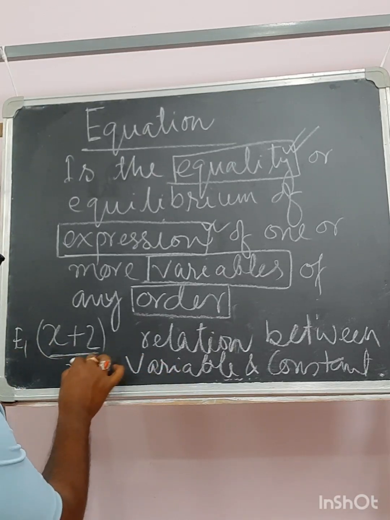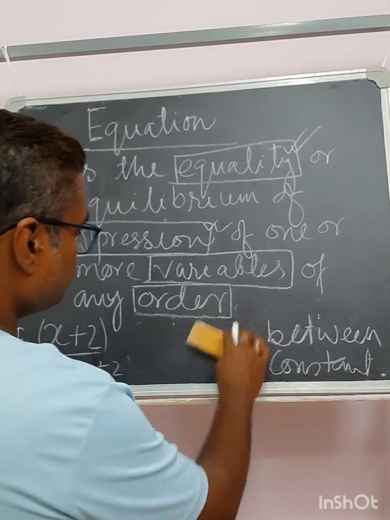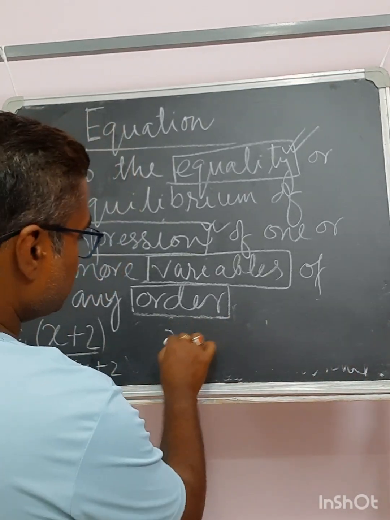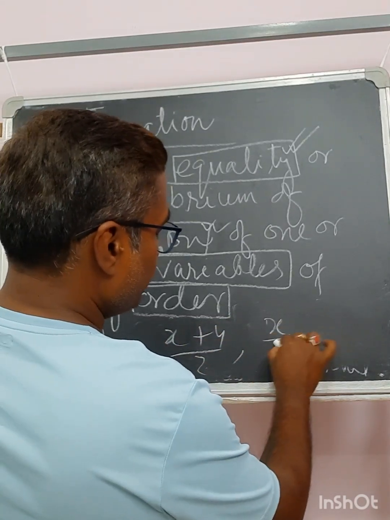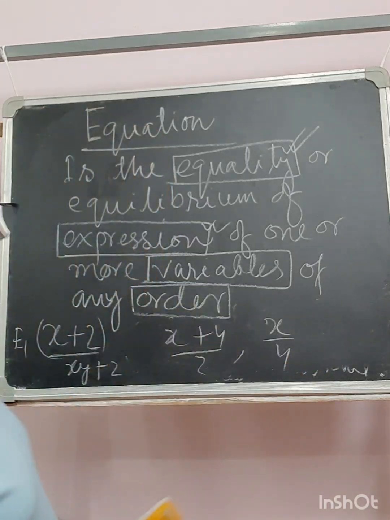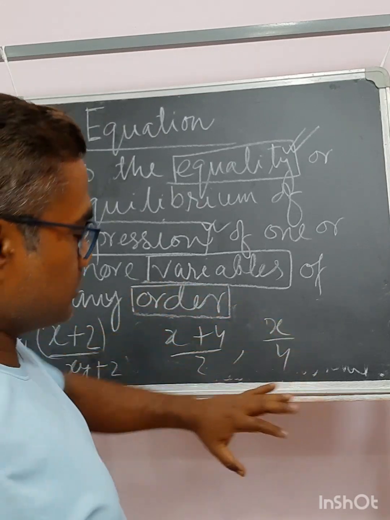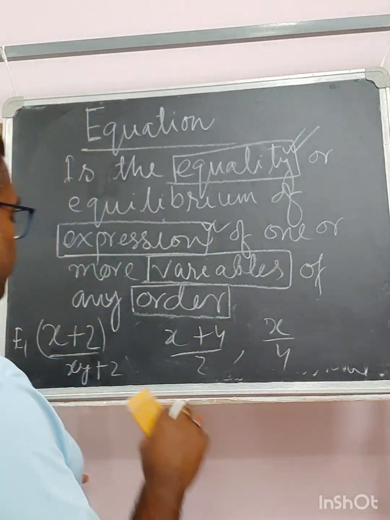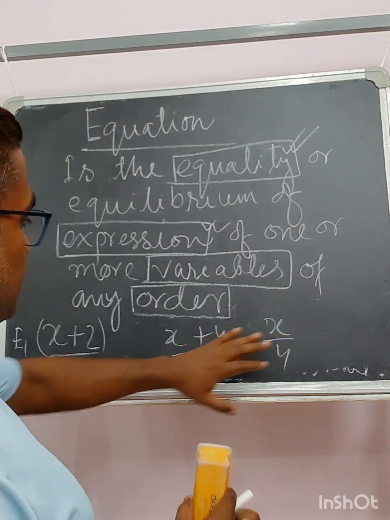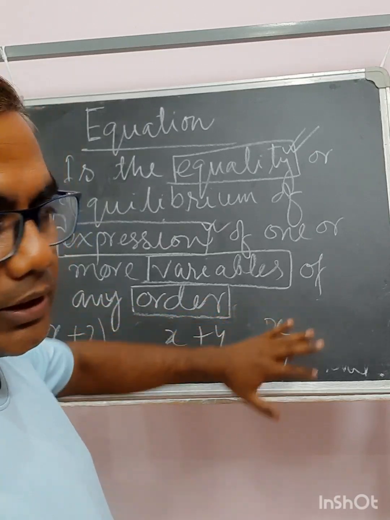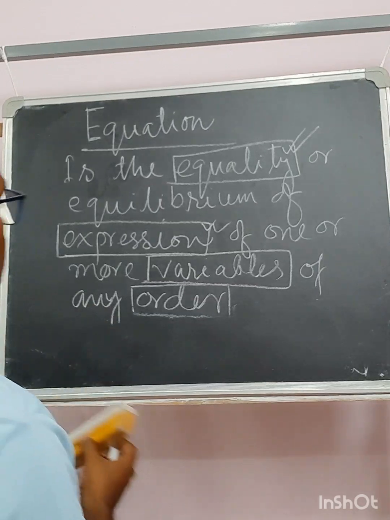I can say xy plus 2, this is also an expression. x plus y by 2 is also an expression. x by y is also an expression. So there could be anything where a variable and a constant, or variable to variable, are related somewhere. These are all expressions. So you can understand the expression.